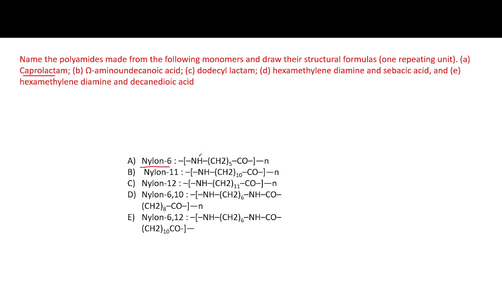So the monomer will be like this, NHCO, and there will be 5 CH2.